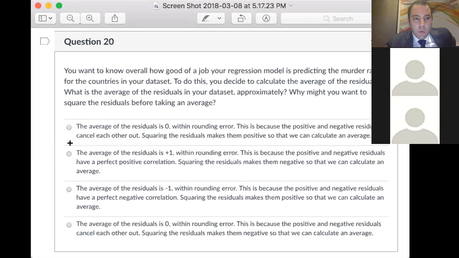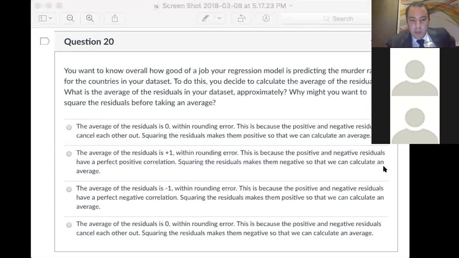The question regarding squaring the residuals before taking an average is specifically in regards to the sum of the squared errors, the SSE. This is just a way of determining how good of a fit your model is.